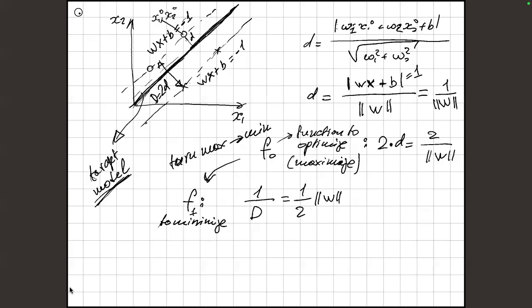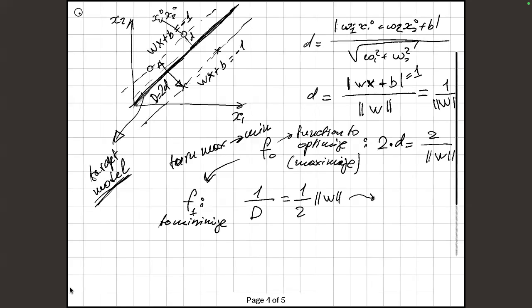And then the next step is to make this optimization problem convex, so that we can definitely find a minimum.